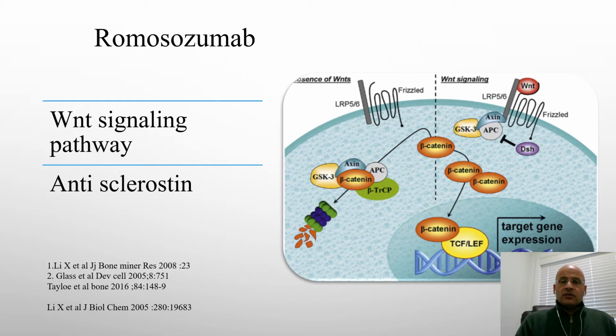However, sclerostin inhibits this pathway and therefore inhibits osteoblast formation, or activation, I should say. Anti-sclerostin, that is, monoclonal antibodies against sclerostin, is what romosozumab does. It prevents sclerostin from inhibiting these receptors, and therefore they continue to activate the osteoblast cells.